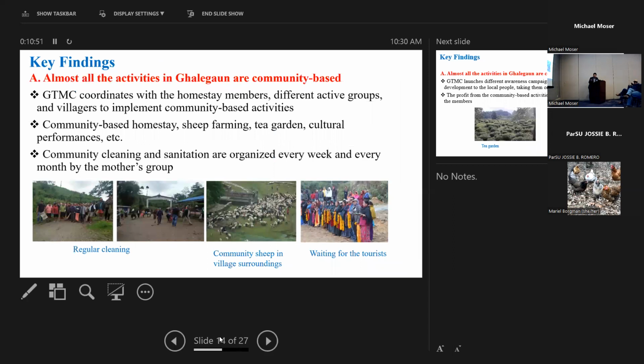In this village, most activities are community-based activities, because GTMC coordinates with the homestay members, different active groups, and the village implements community-based activities. They have community-based sheep farming. They also organize cleaning every Saturday and once a month.